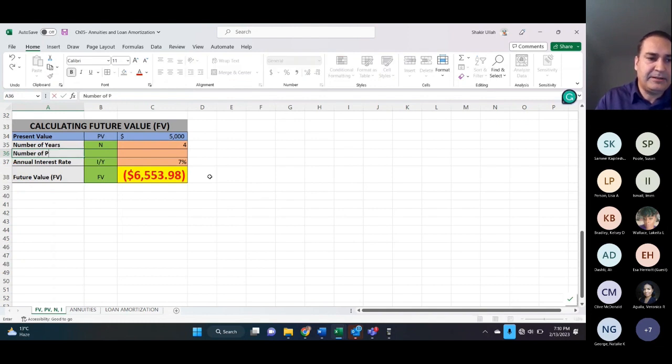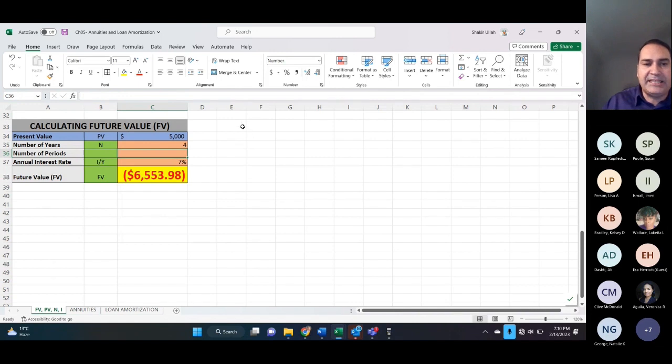Number of periods, if payments are monthly, or if the interest rate is calculated on a monthly basis, compounding is on a monthly basis.